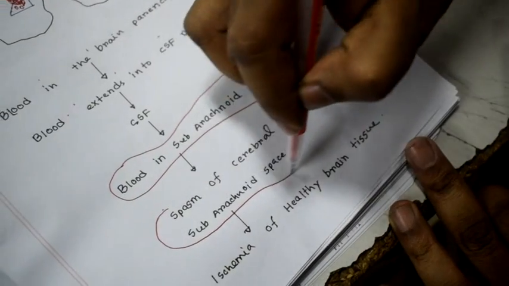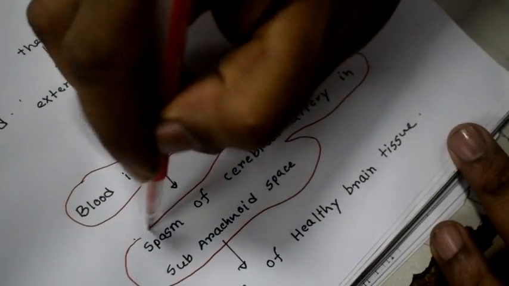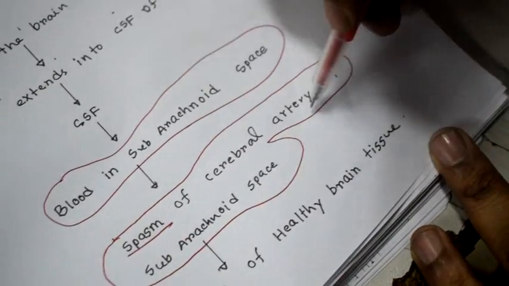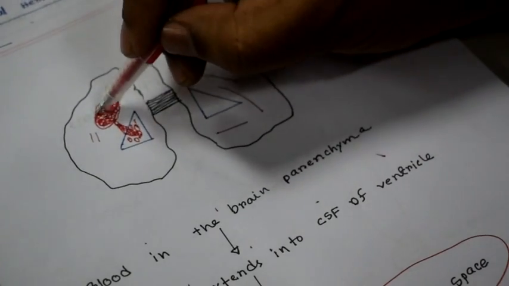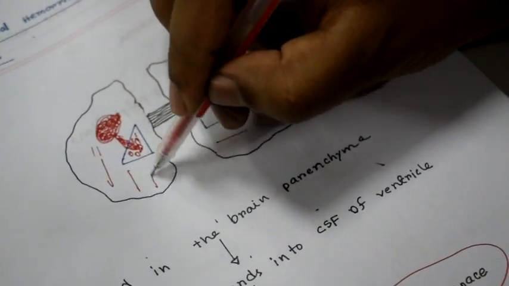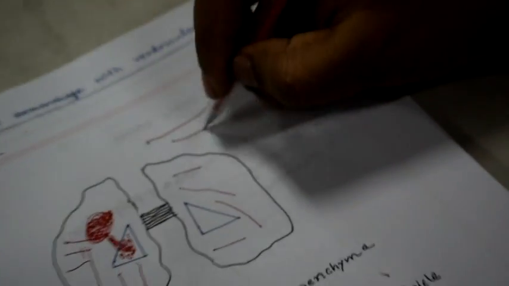They irritate the cerebral artery, and when they irritate the cerebral artery, there is spasm of the cerebral artery. When there is spasm of cerebral artery, suppose this is healthy brain tissue. Apart from the hematoma, this healthy brain tissue suffers from ischemia because there is spasm of cerebral artery.